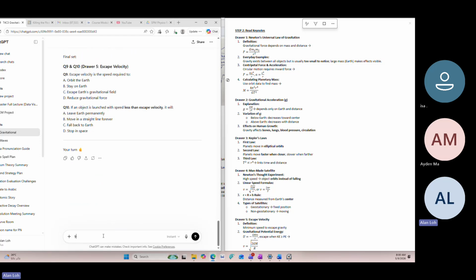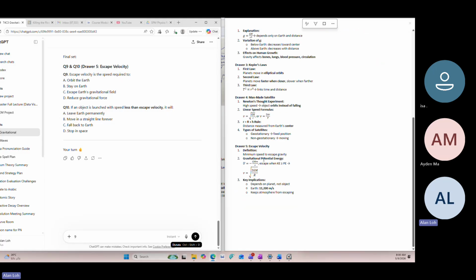Okay, 9 and 10. Escape velocity. Let's throw up to see the speed required to escape. Escape velocity is the speed required to... If an object is launched with speed less than escape velocity, it will... Okay, 8 no question, 9 and 10.